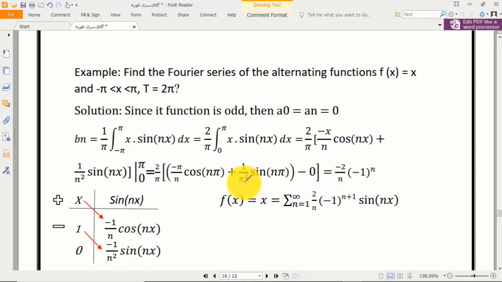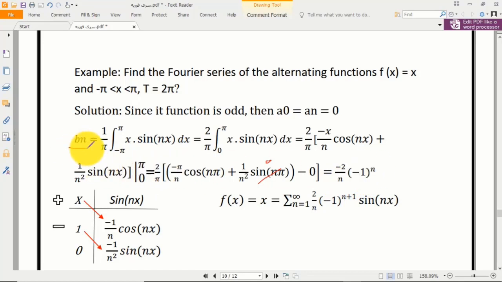I subtract these. Sine n pi would be 0, and cosine n pi would be negative 1 to the n. The product of these would be negative 2 over n times negative 1 to the n. This is what we get for Bn.